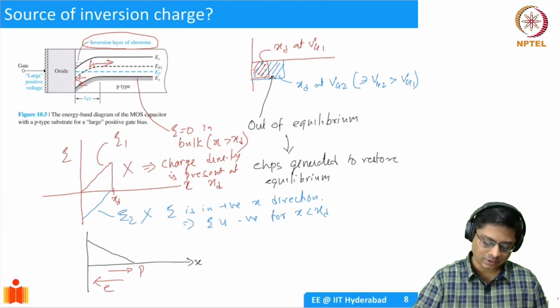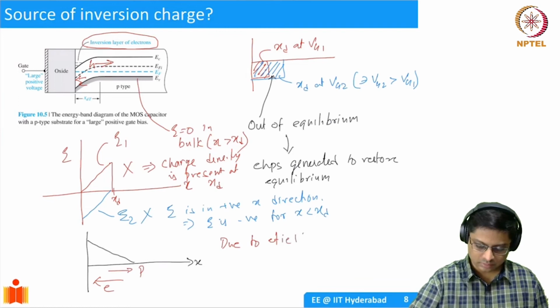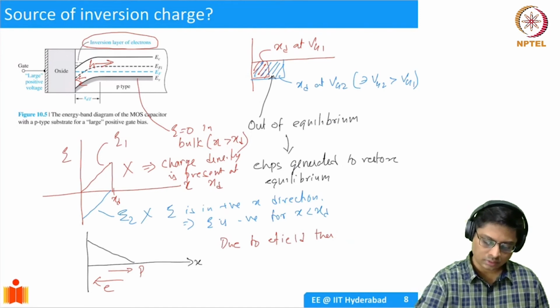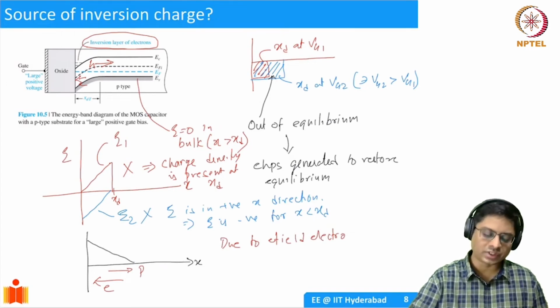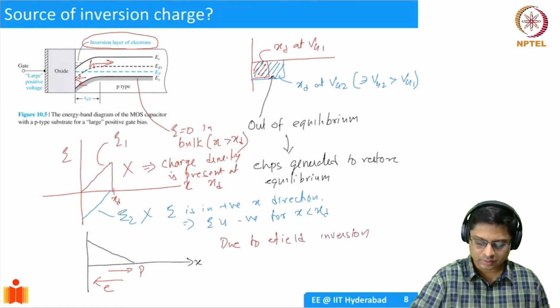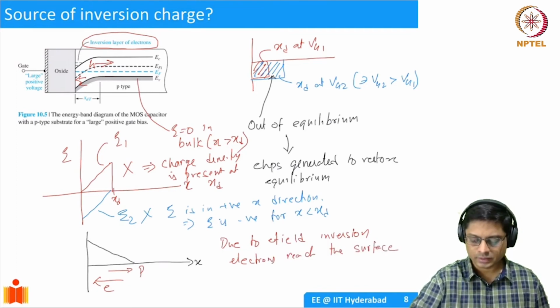And hence, due to the E field, inversion electrons reach the surface, right?